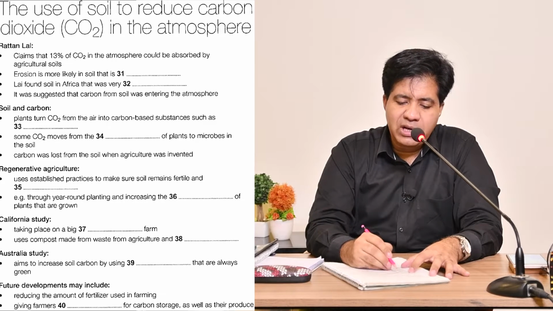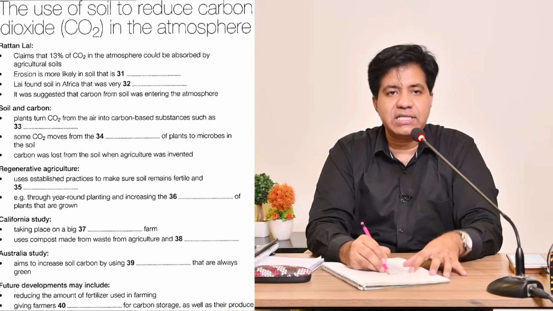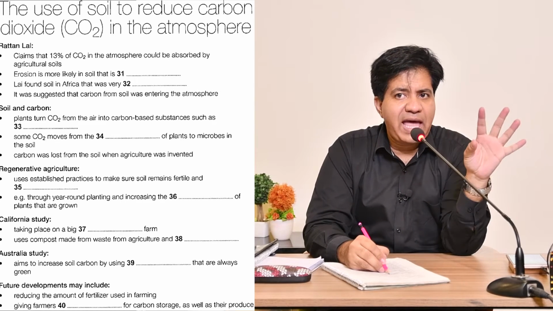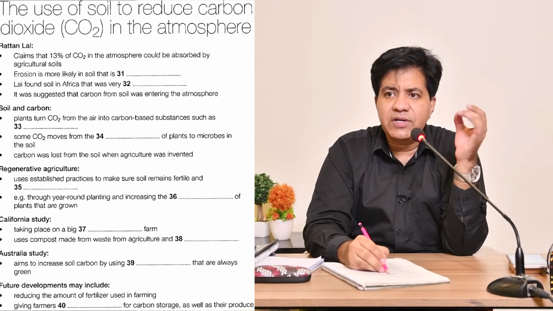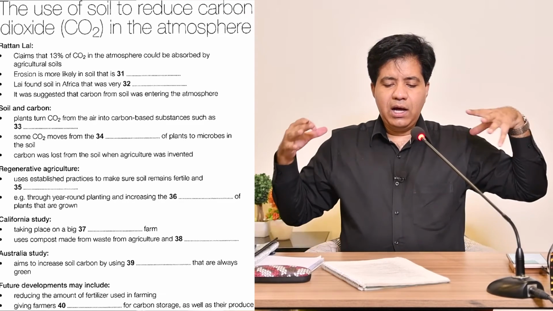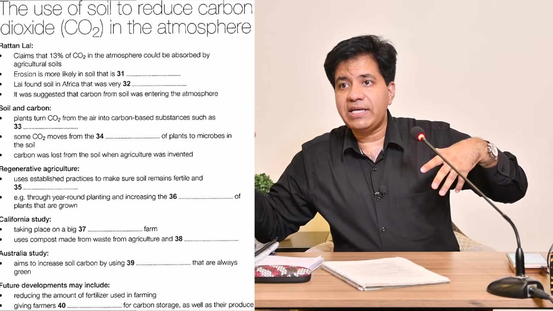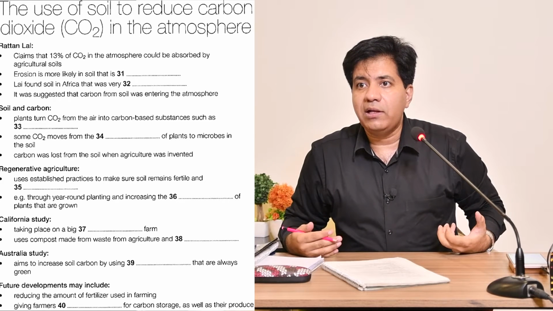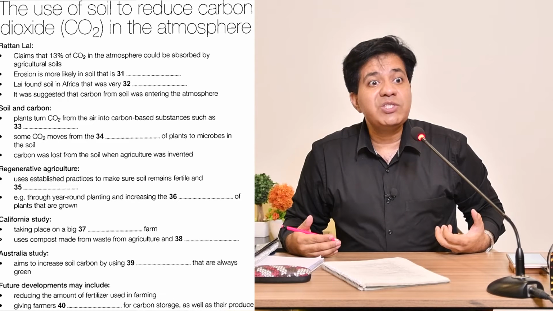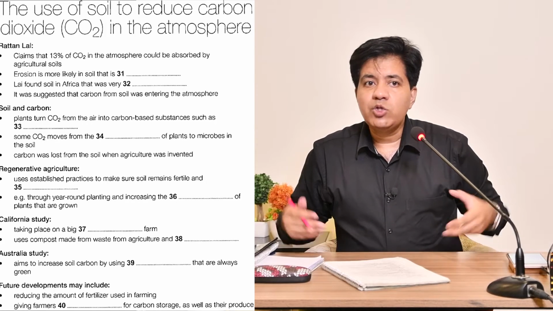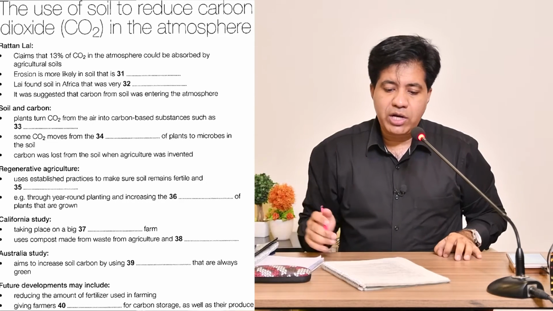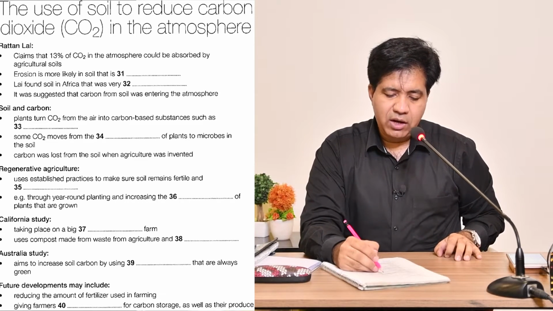Erosion is more likely in soil that is... Now listen, if the answer is going to be, for example, dirty soil, in the audio they will say dirty soil, or soil is dirty, or soil which is dirty. You understand? So whatever they say about the soil in the audio, that will be the answer. Now I play the audio.